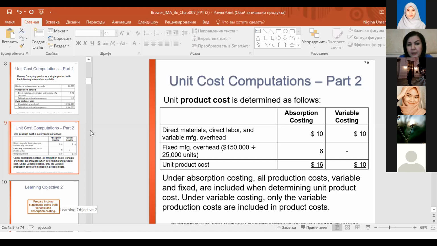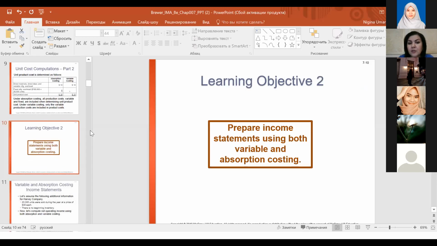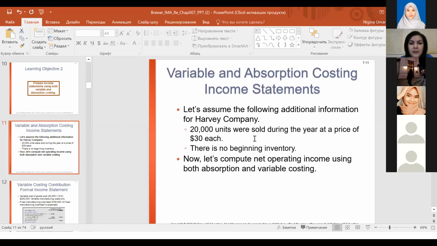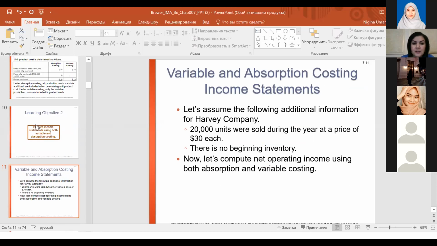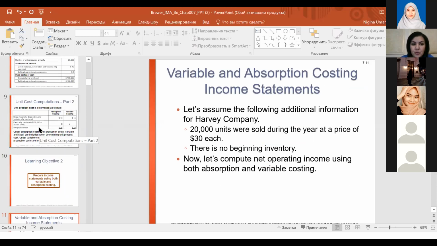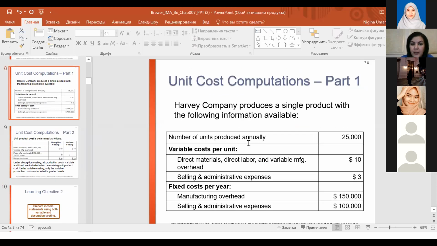20,000 units were sold during the year at a price of $30 each. The company actually produces 25,000 units annually, and this example will be based on this information.